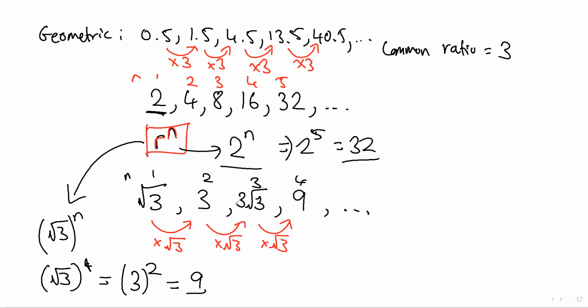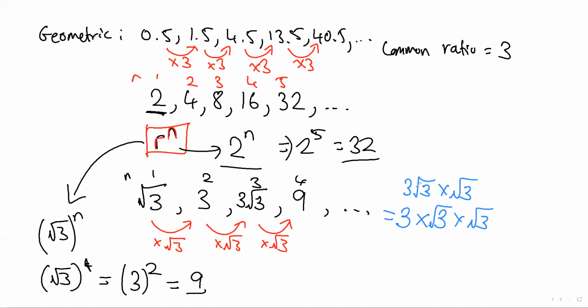But just to clarify, for this third term here, we have 3√3 times √3. What we can do is change this to be 3 times √3 squared. Or we can write it like this, for example.